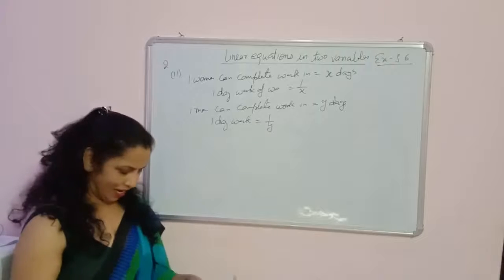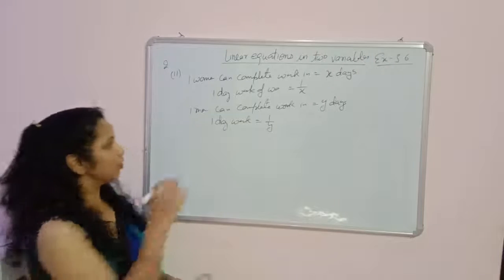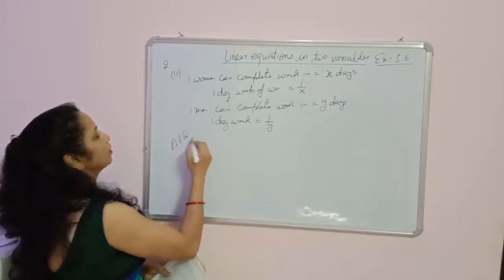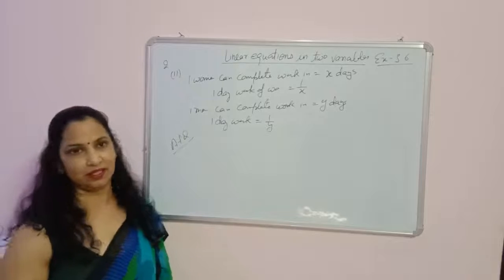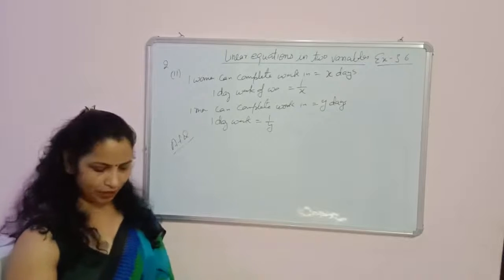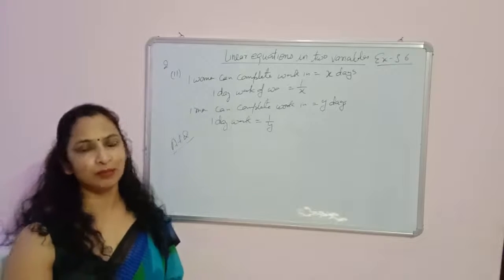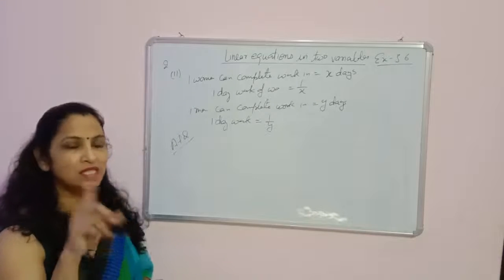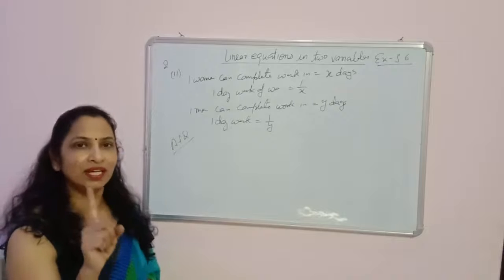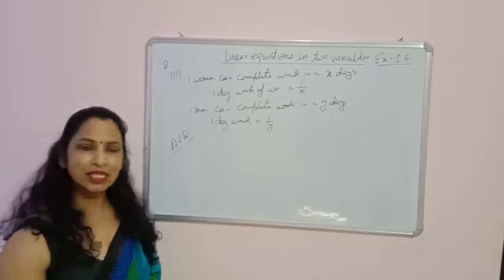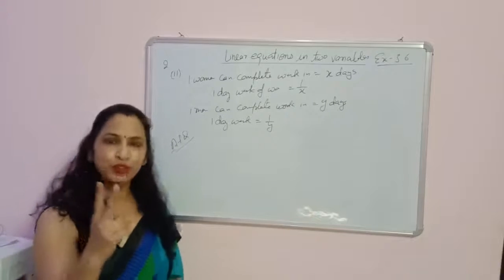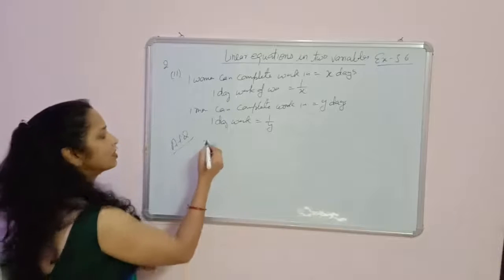Now, according to the question, 2 women and 5 men can complete the work in 4 days. It means how much work will be done by 2 women? Since 1 woman can do the work in 1 day is equal to 1 upon x, 2 women can do the work in 1 day is equal to 2 upon x. Simple.